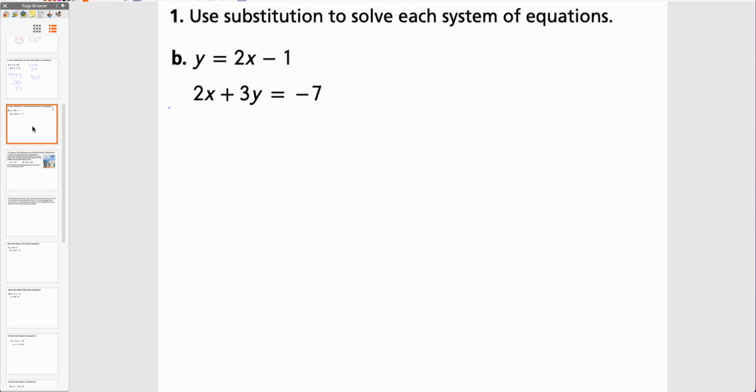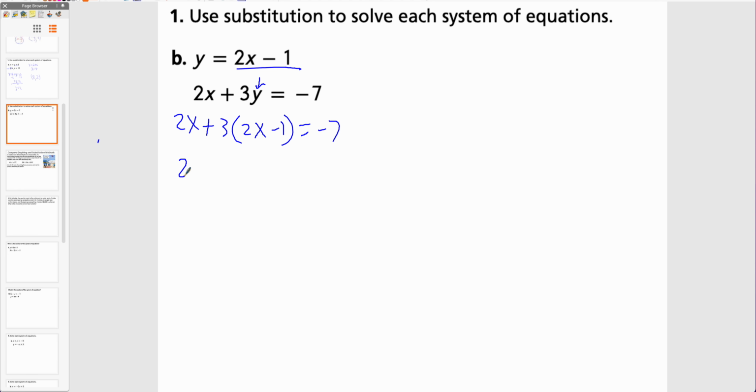Try another example. Y equals 2x minus 1. So I know what y equals. I can put it into that equation. So 2x plus 3 times 2x minus 1 equals negative 7.